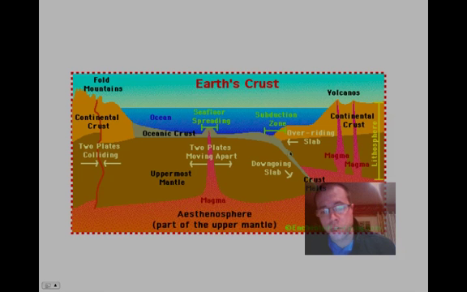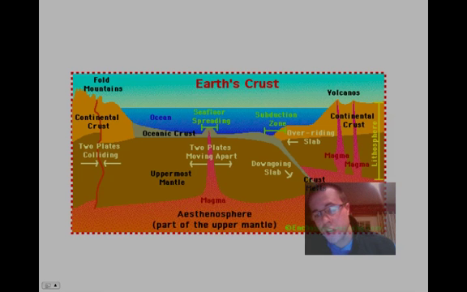This is where the oceanic crust is subducting underneath, it's getting pushed underneath the continental crust because this oceanic crust is more dense. When that's happening, see, it's being created here at seafloor spreading, but then recycled here at subduction zones.